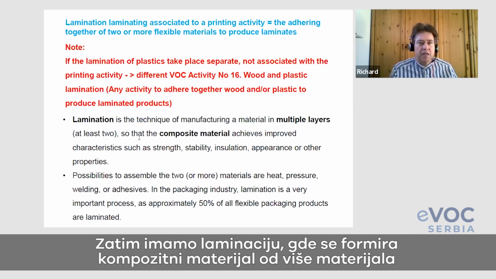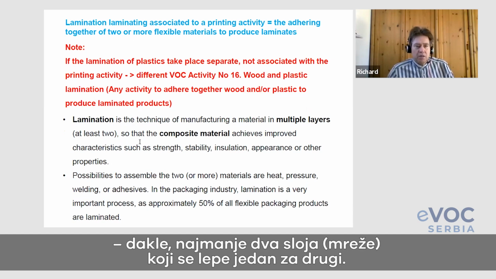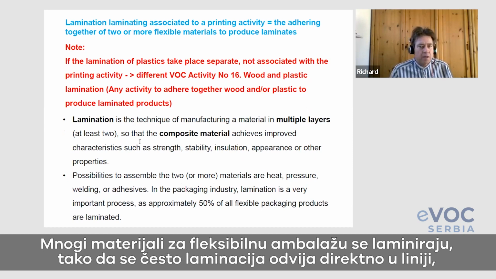The lamination, you know, is a technique where you make a composite material based on multiple layers, so at least two. So you glue two layers, webs, together. And a lot of flexible packaging products, of course, are laminated.